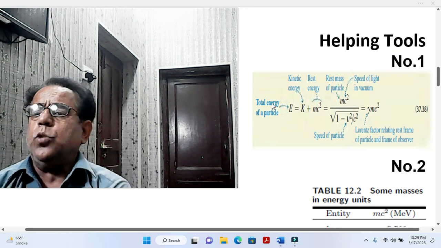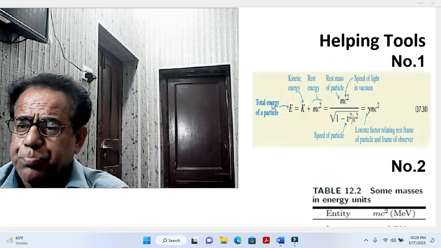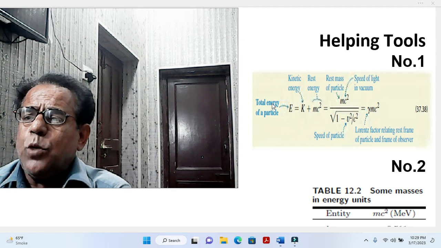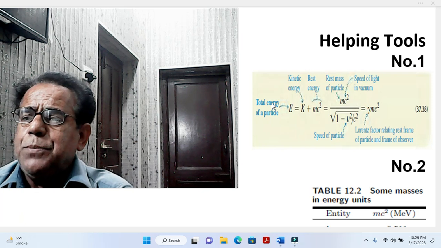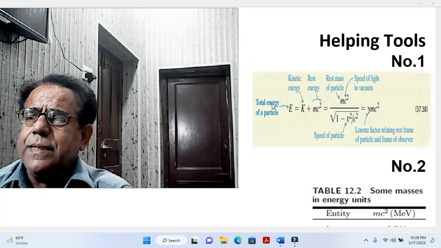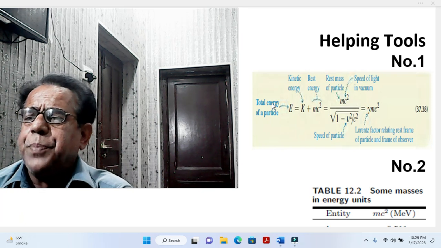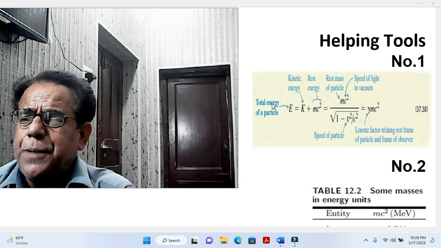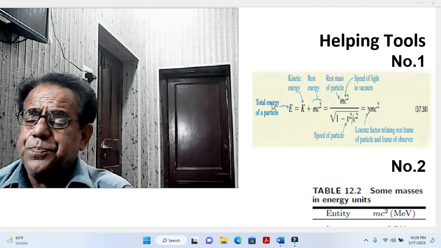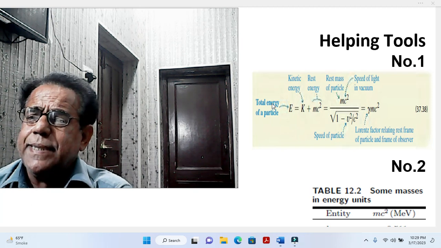Helping tools. Tool number 1, total energy of a particle. This tool has many times been analyzed in previous modules. Anyhow, just as a formality, I once again read this tool.